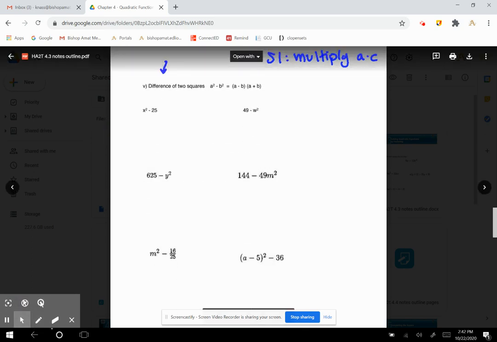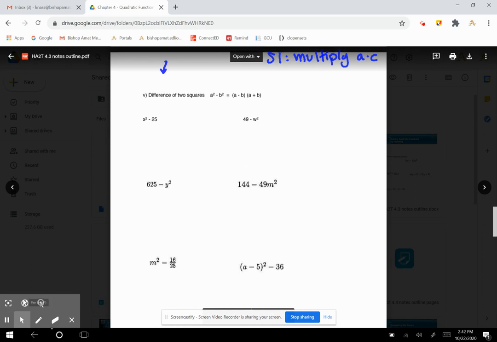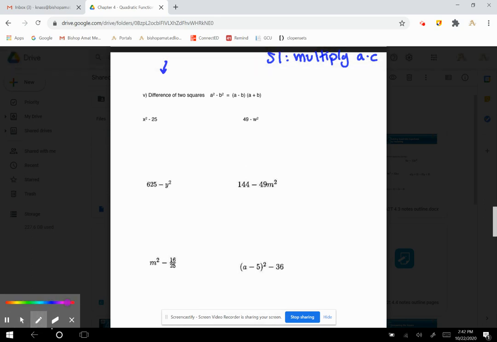Okay, next is a difference of two squares. A difference of two squares, the meaning is in the title. So a difference, there has to be a subtraction sign. There can only be two terms. And both of those terms have to be perfect squares.